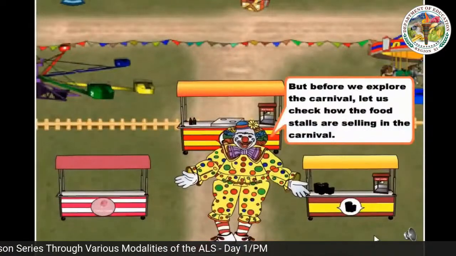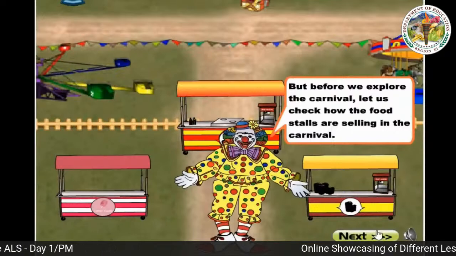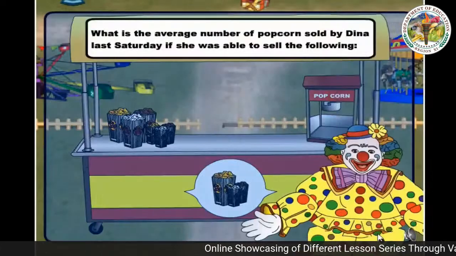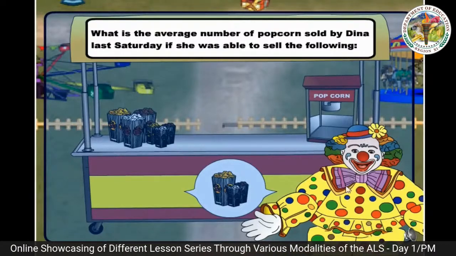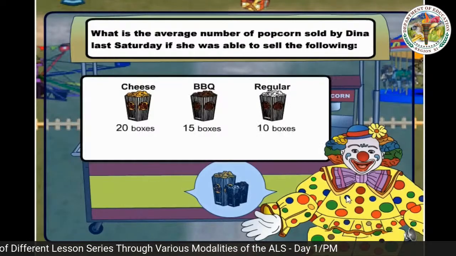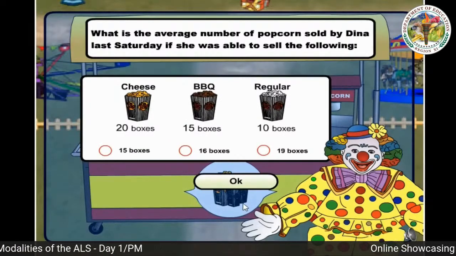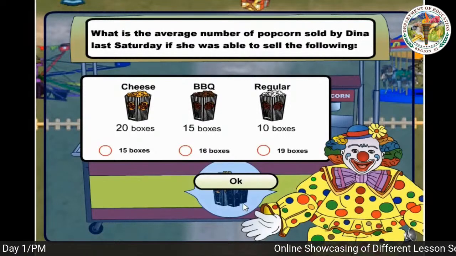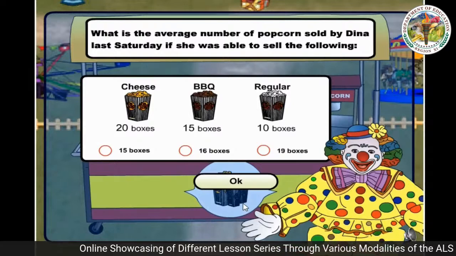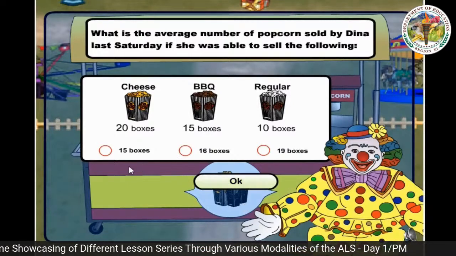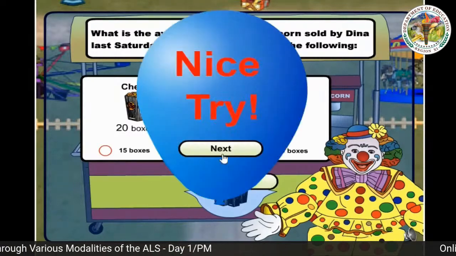But before we explore the carnival, let us check how the food stalls are selling in the carnival. What is the average number of popcorn sold by Dina last Saturday if she was able to sell the following? Nice try.